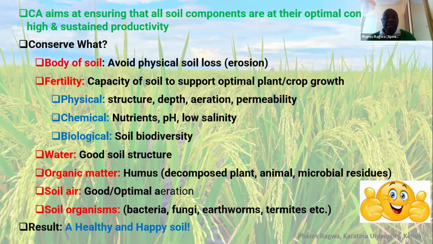And therefore, we need to ensure the survival of all those organisms that are present in the soil. And when we conserve all these components, then we end up with a healthy soil. And that healthy soil is able to support the kind of agriculture that we are interested in.